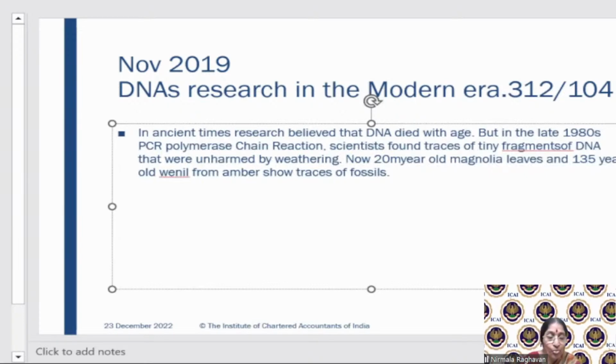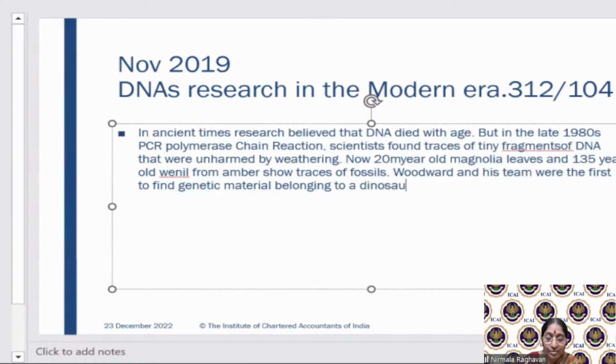Woodward and his team were the first to find genetic material belonging to a dinosaur.